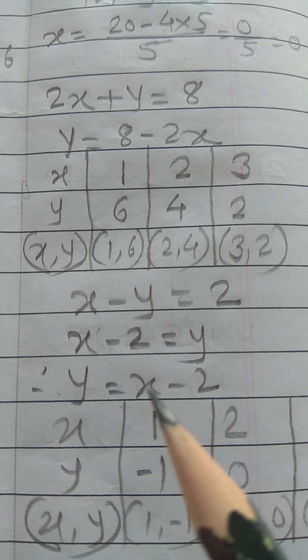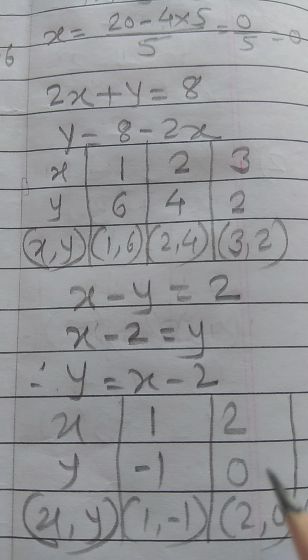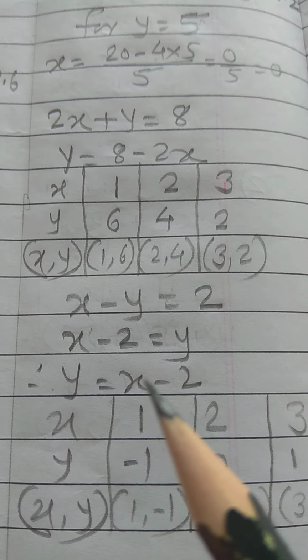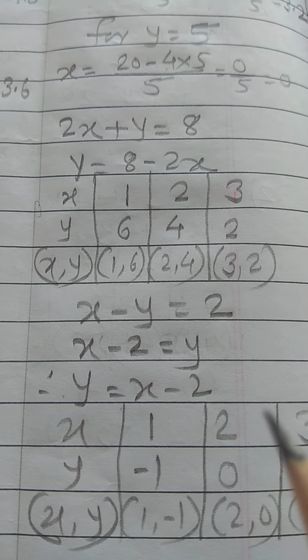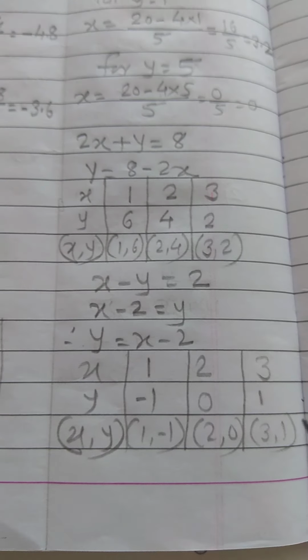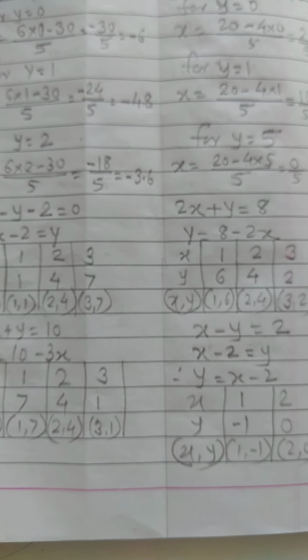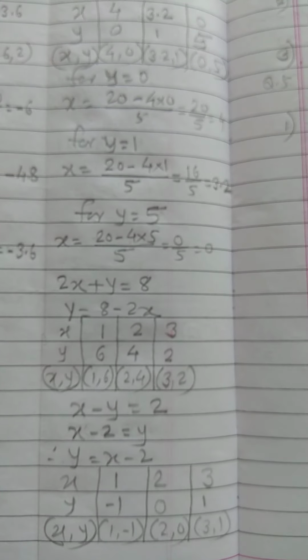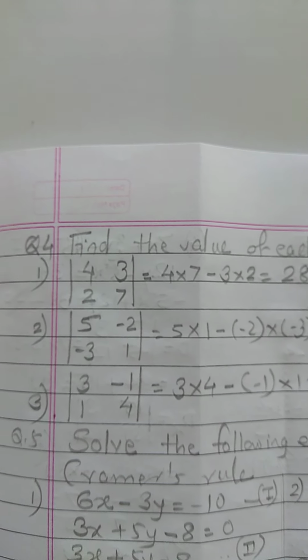If we put x equal to 2, then 2 minus 2 will give you 0 as y's value. If you place x equal to 3, then 3 minus 2 will give you 1, so the value of y will become 1. So the points will give you lines, and the lines will intersect at a point, and the coordinates of that point is nothing but the solution of the simultaneous equations.